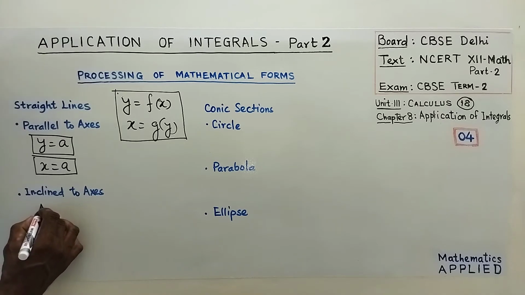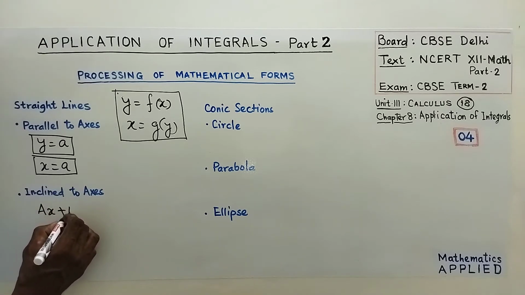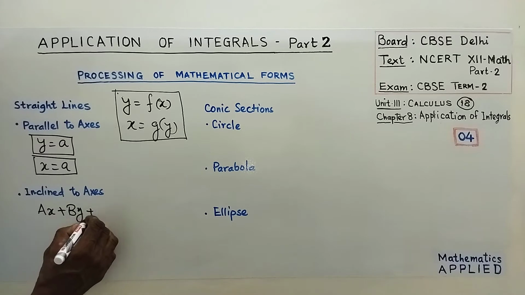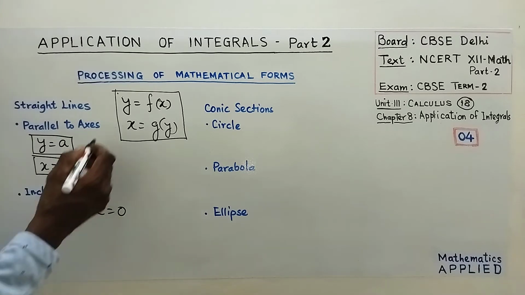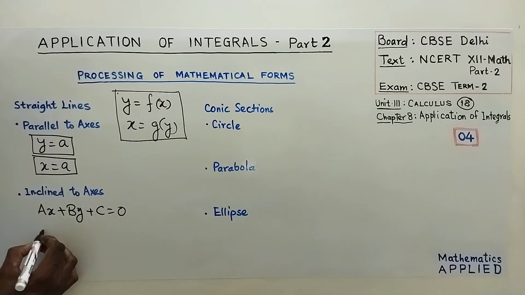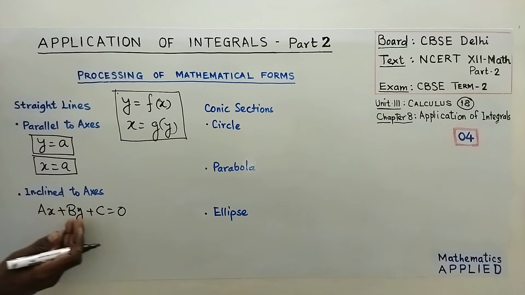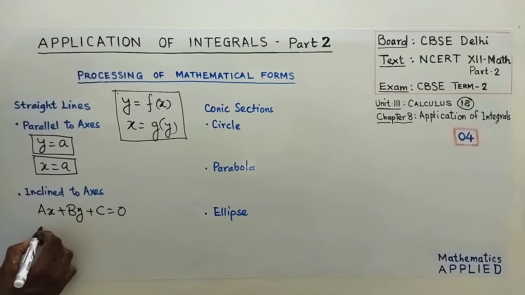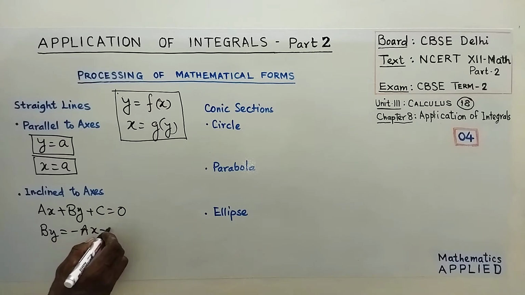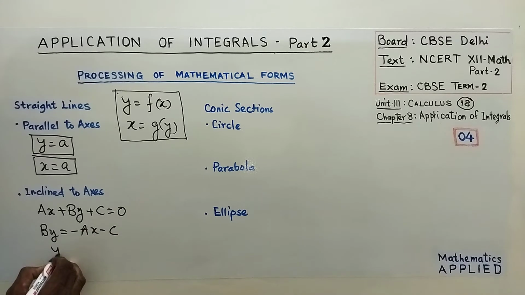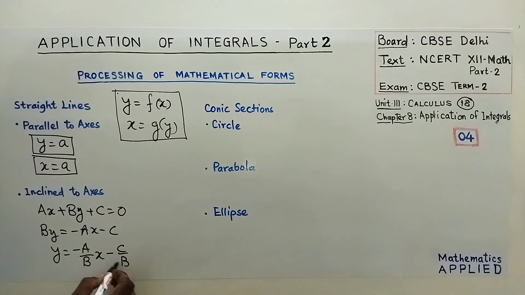Inclined to axis, all the equations are of this form. The straight line equation is ax plus by plus c equals 0. If you have to convert this into y in terms of x, you just carry this part to the right side. So we have by equals minus ax minus c, which is y equals minus a by b x minus c by b.